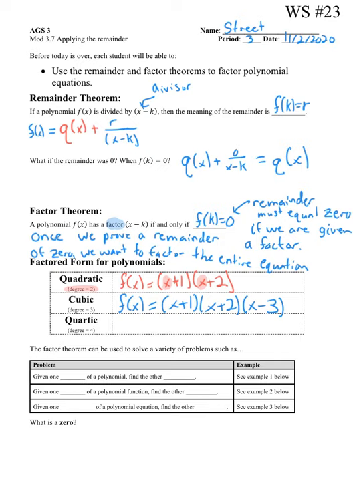That'd be an example of a cubic function where I have 3 x's in the degree of the polynomial. A quartic function could have 4 x's, and it's going to look something like x plus 1, x plus 2, x minus 3, and then something weird like 2x minus 3. I don't know, just something random like that. That'd be a good example of a quartic function.